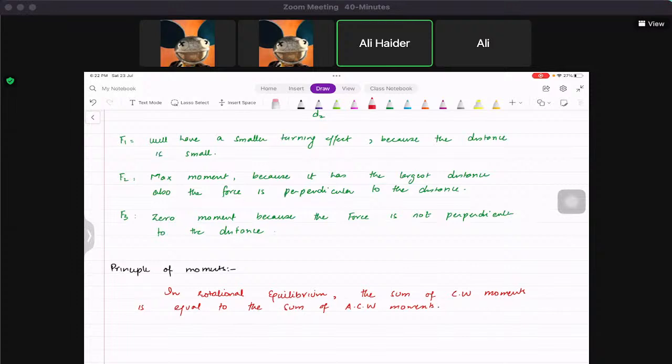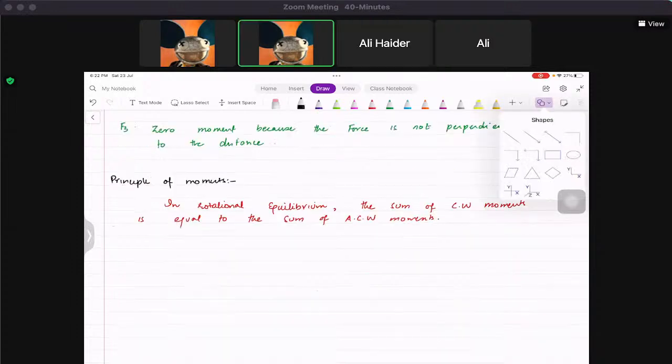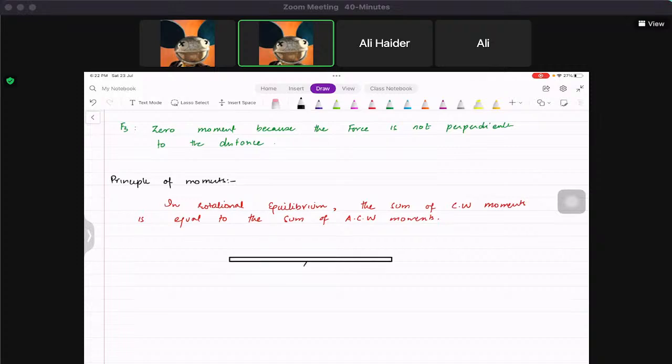Now, suppose you have a body like this, you got a pivot, and then you have one person sitting right here, one person sitting right here. His distance to the pivot is 2 meters and his distance to the pivot is 1 meter.